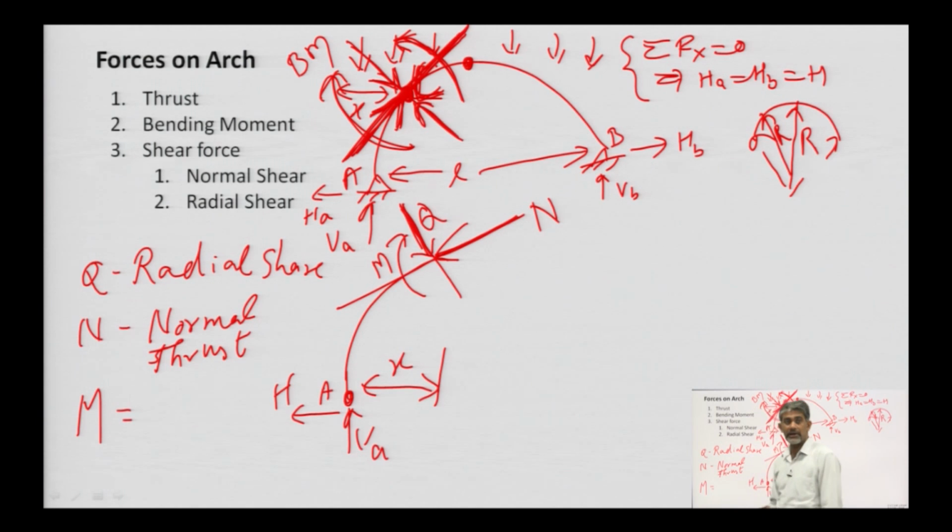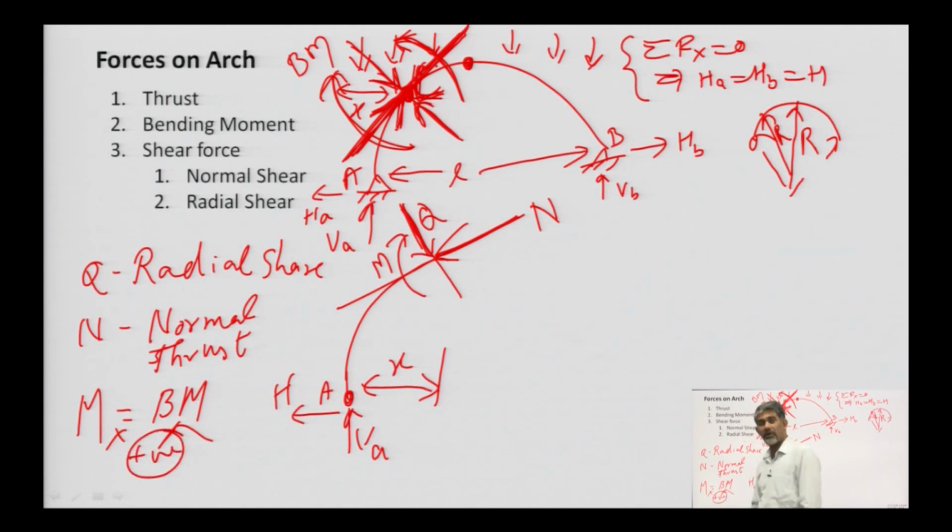M is M x, the bending moment. Depending upon sagging or hogging, we take sagging as positive and otherwise negative. So, maximum positive bending moment and maximum negative bending moment.